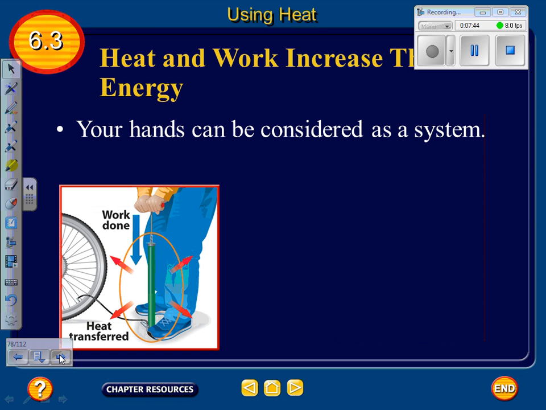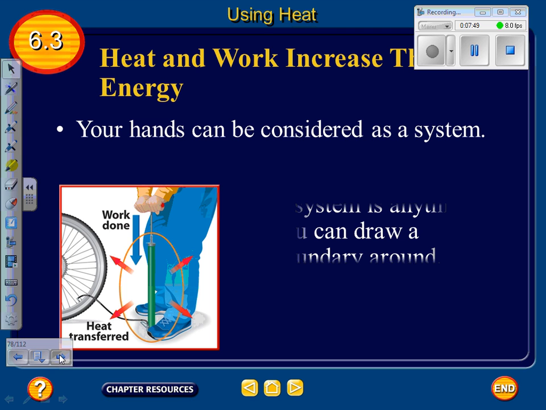Your hands can be considered as a system. A system is anything you can draw a boundary around. Okay? And we say that our Earth is essentially a closed system because energy comes in, but very little of it gets out. Little matter is transferred out of the system.